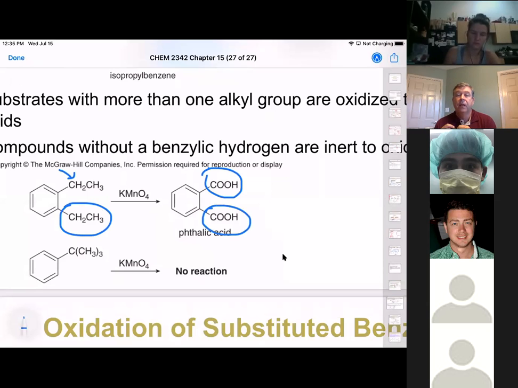Okay. But again, if you have the t-butyl group here, there's no reaction because there's no benzylic hydrogen to start the oxidation. You must have a benzylic hydrogen to allow that oxidation to progress.